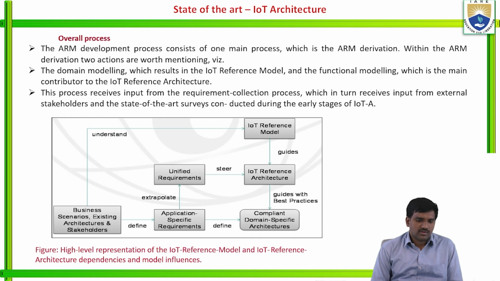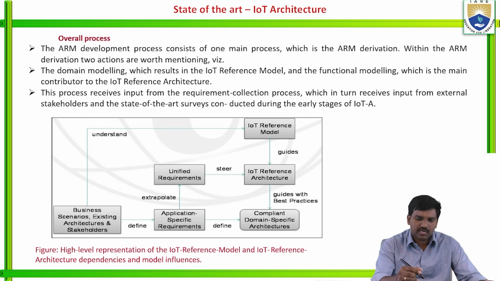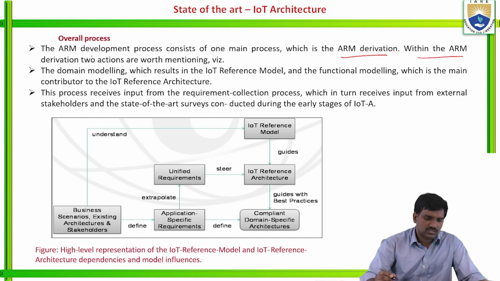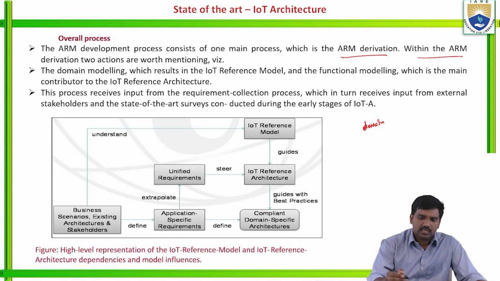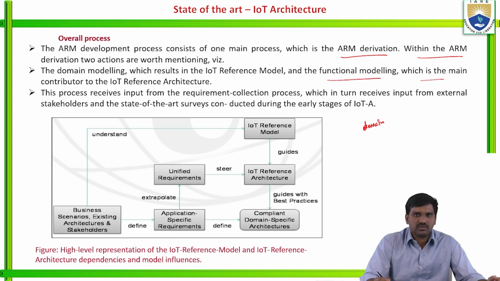Next, the overall process of the architecture model. The ARM architecture reference model process consists of one main process, which is the ARM derivation. Within the ARM derivation, two actions are worth mentioning and visualizing. Here, the domain modeling, which results in the IoT reference model, and functional modeling, which is the main contributor to the IoT reference architecture.